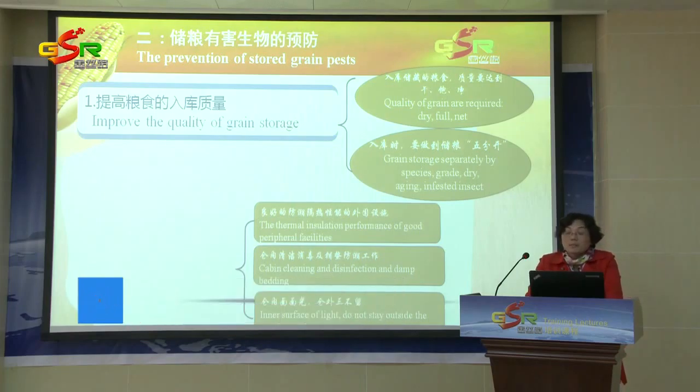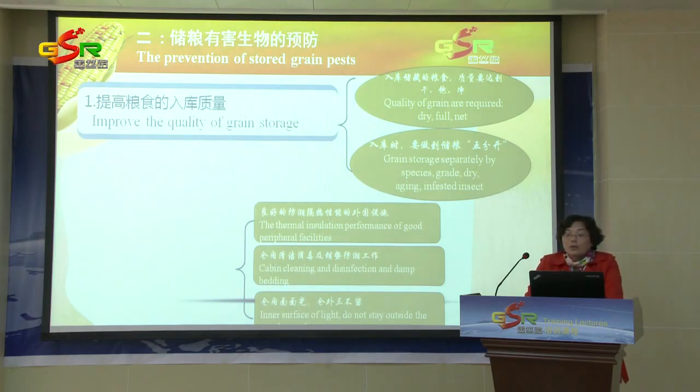Before storage, we must control the quality of grains. There are three requirements: the first is dry, the second is full, the third is clean. Before the grain goes to storage, we must control the quality of grain: dry, full, and clean.